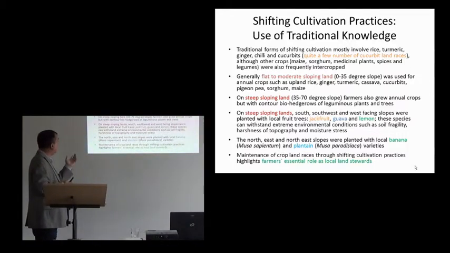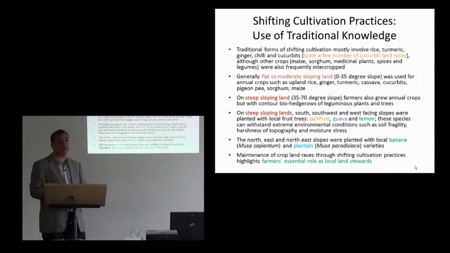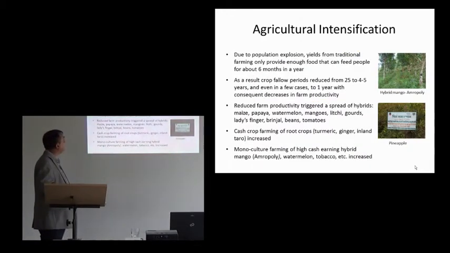And finally, I say that the maintenance of crop landraces through shifting cultivation practices highlights farmers' essential role as local land stewards. And then, what about agricultural intensification that I talked about in the beginning of my presentation? How does it look there?